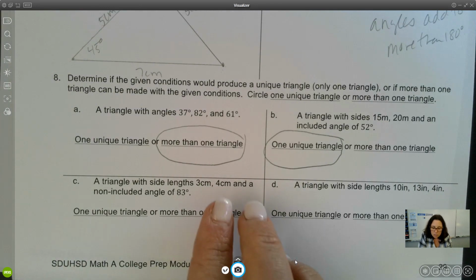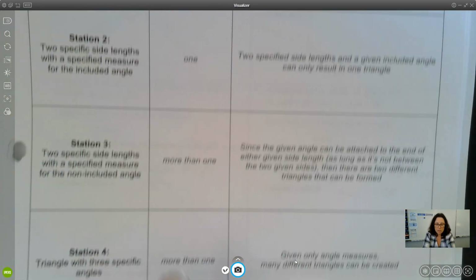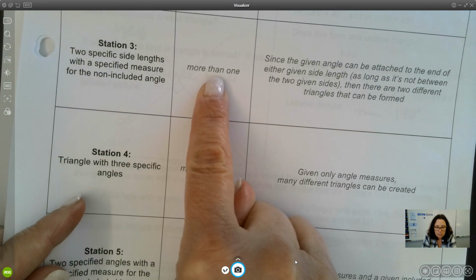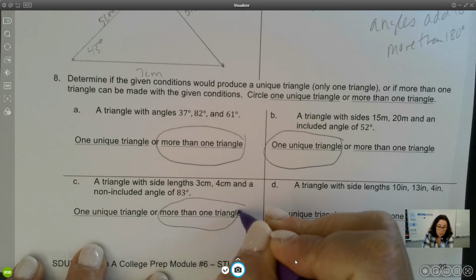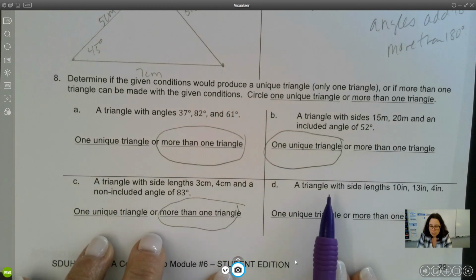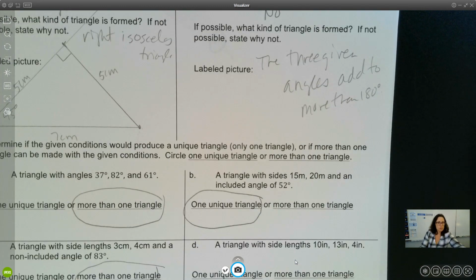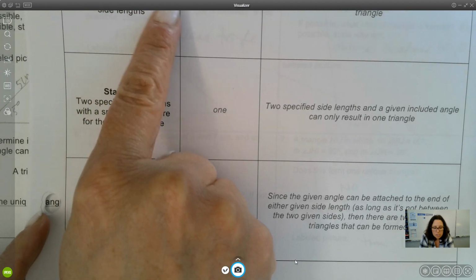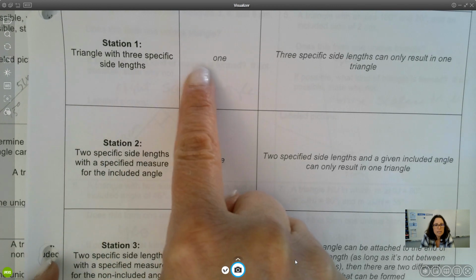Okay, well, we've got 2 given sides and a non-included angle. 2 given sides and a non-included angle is more than 1. So you can see why you need that page memorized. Last one. A triangle with side lengths 10 inches, 13 inches, and 4 inches. So on this little cheat sheet here, a triangle with 3 specific side lengths is 1.